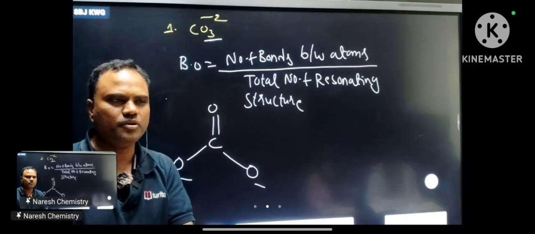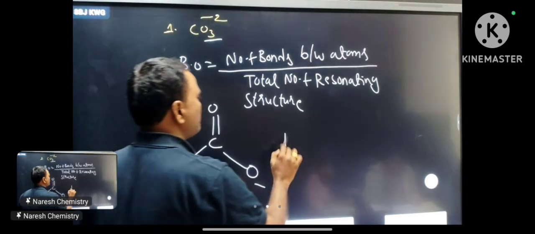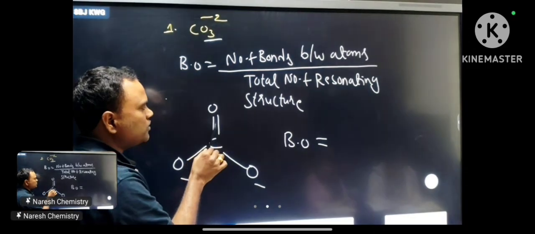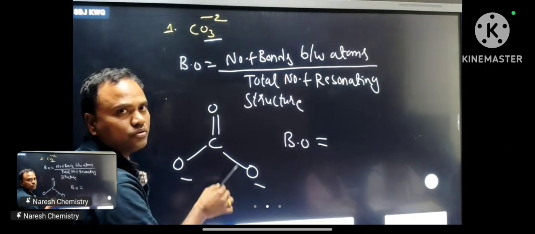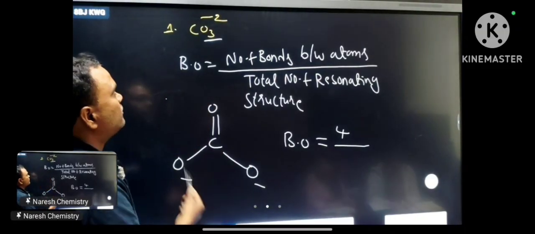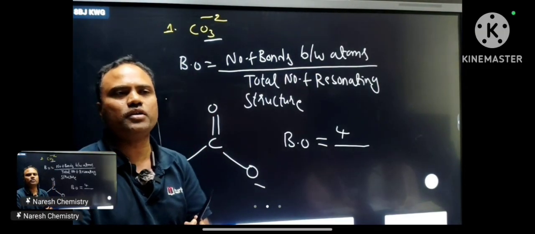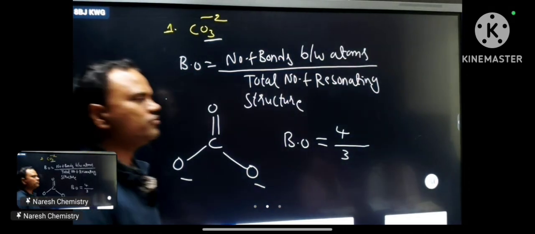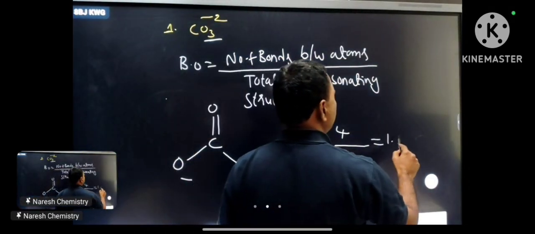Now substitute in the formula. Bond order: count the number of bonds between the atoms, 1, 2, 3, 4. 4 divided by the subscript, the number of surrounding atoms. 4 by 3 means how much? 1.33.